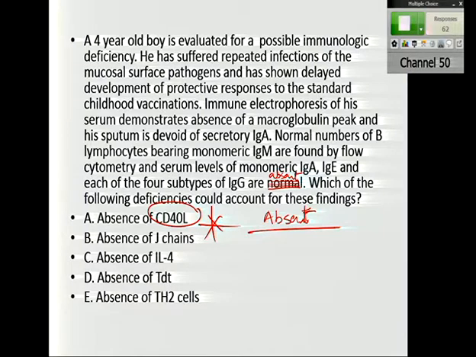Let's just go back. All the other isotypes are normal. Monomeric IgM is seen, which means that there is a deficiency of the J chain. I just thought IgM and I made a mistake.